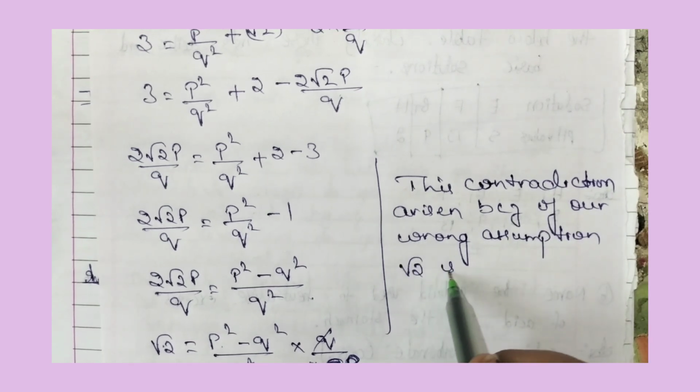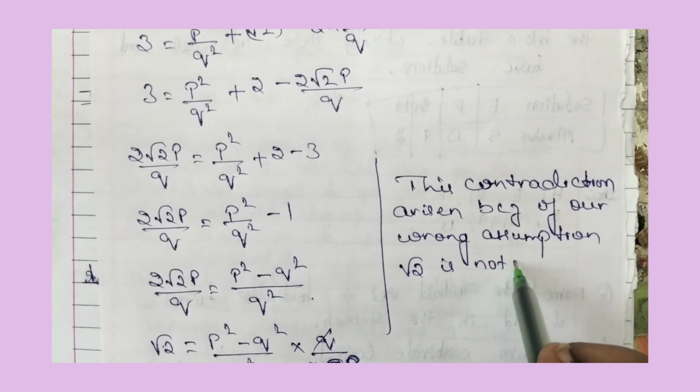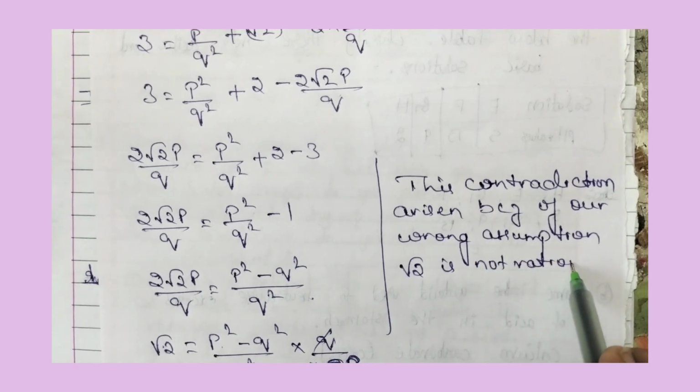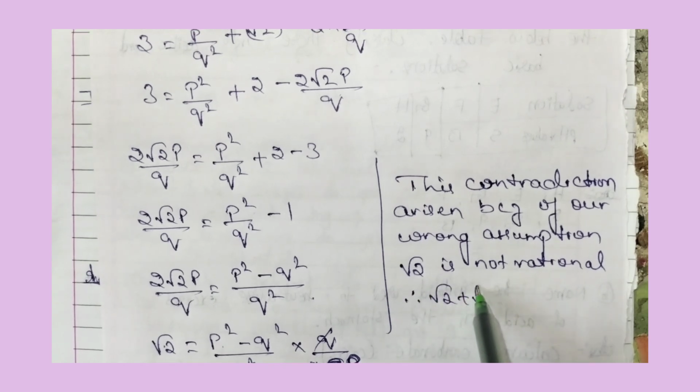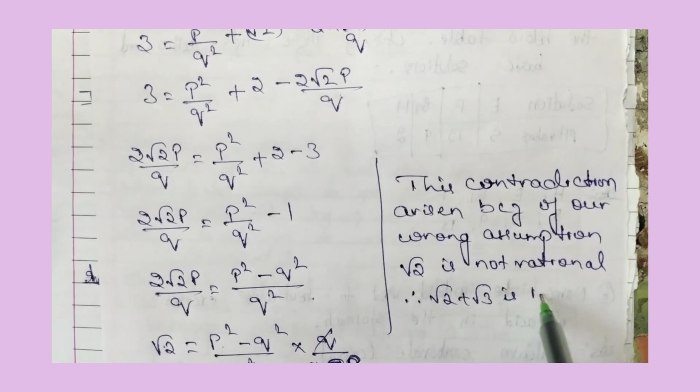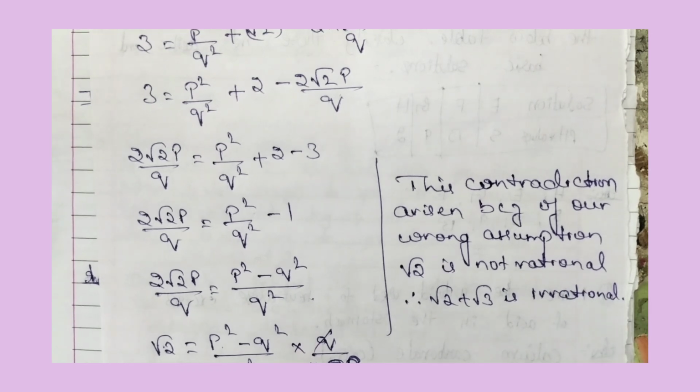Root 2 is not rational. Therefore root 2 plus root 3 is irrational. So like this we have to prove it.